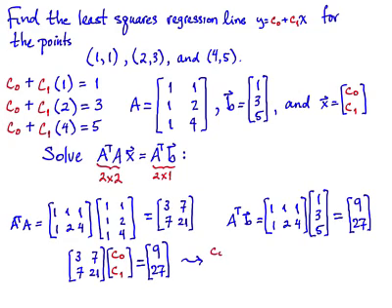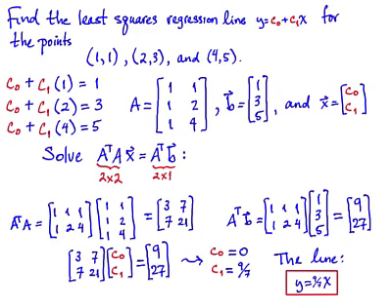I got c0 is 0 and c1 is 9/7. And that tells us that the line we were looking for, the least squares regression line, is y equals 9/7 times x.